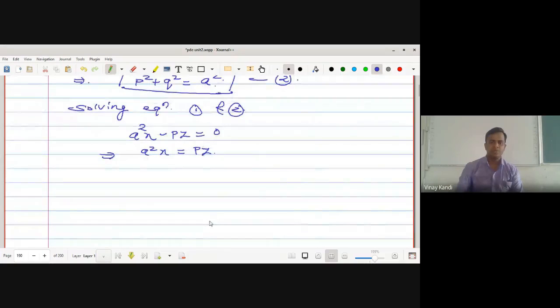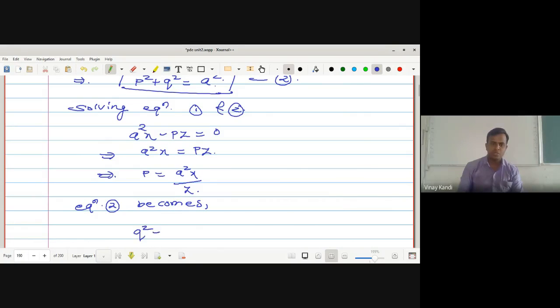Okay, so what is the value of p? We get p is equal to a square x upon z. Okay, so equation 2 becomes now. Putting the values of p here. Okay, so q square plus a raised to 4 x square upon z square is equal to a square.